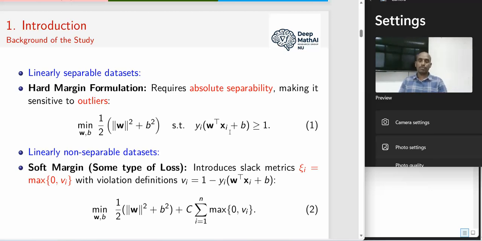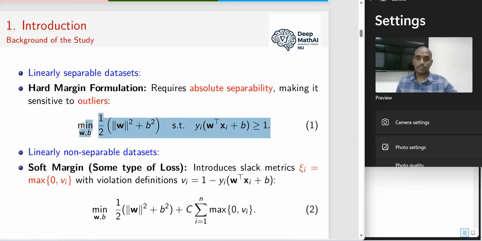In this case, we use the hard margin formulation, which is given by the optimization problem in equation 1 here.